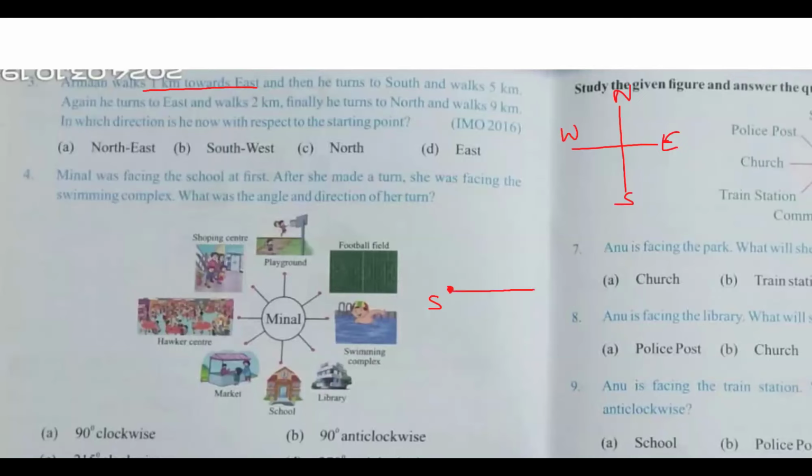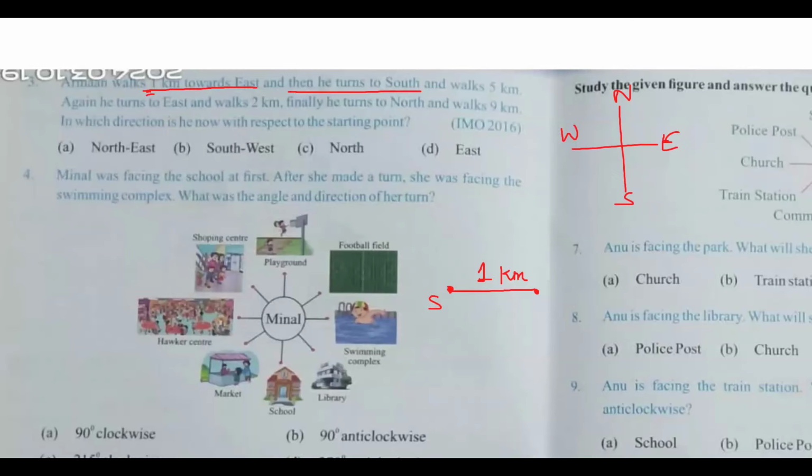See, is this correct? Right side? Yes, ma'am. And how many kilometers? 1 kilometer he had walked. So we'll just write above this line, 1 kilometer, to denote the distance that he had moved. Then he has reached this point. Now from this point, what is the next instruction that is given? Then he turns to south.